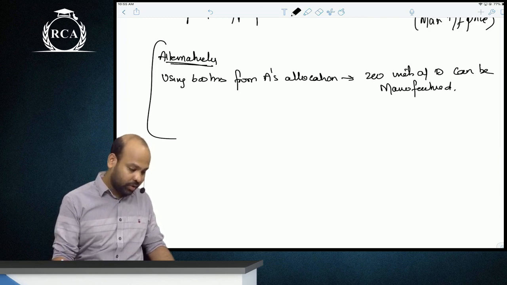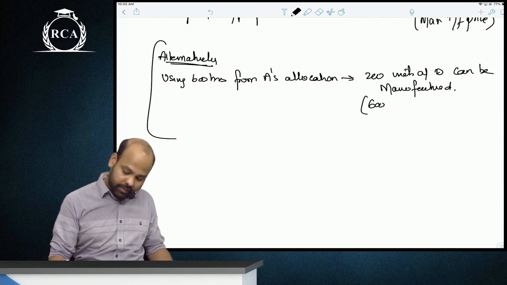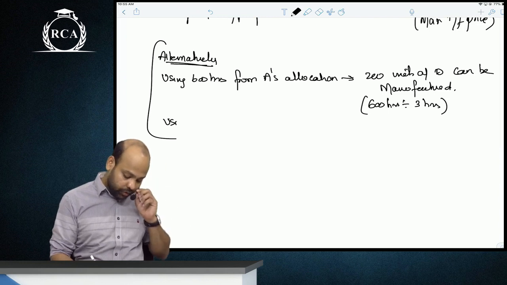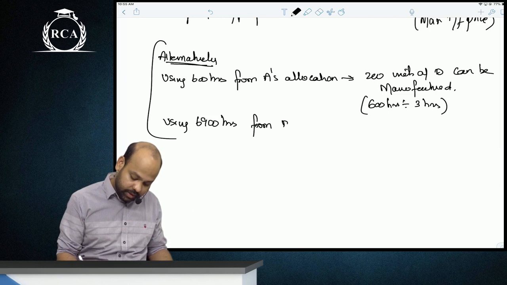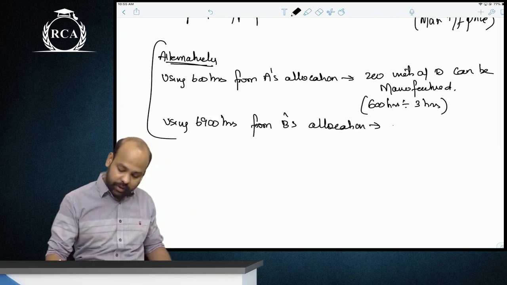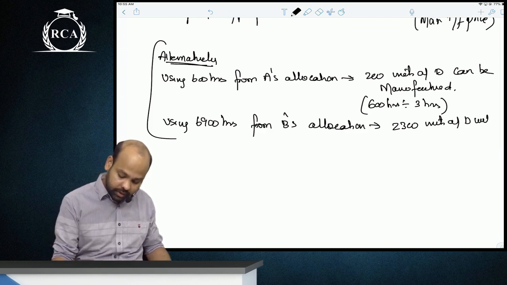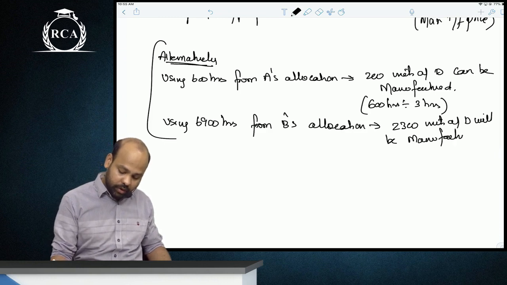How 200 units of D? 600 hours divided by 3 hours per unit. Using 6,900 hours from B's allocation, 2,300 units of D will be manufactured.